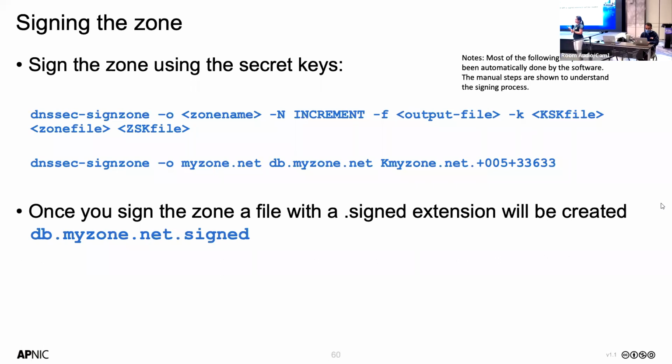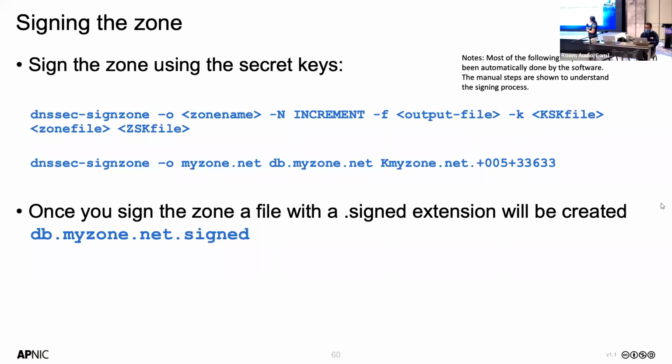So whenever you sign the zone, or really whenever you make changes to your zone file, you will increment the serial. So with the -N increment there, you are essentially deciding to also update the serial together with the signing, so you don't have to do it manually.